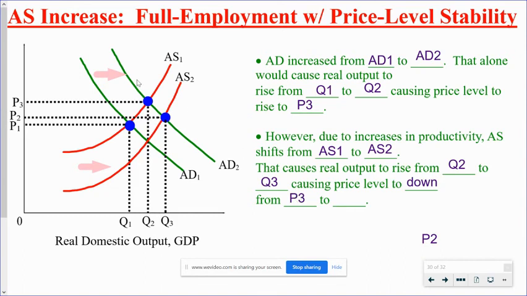Why were we at P sub 3? That was due to the shift in aggregate demand. Why is the price level moving downward? Because there's been a shift in aggregate supply, but it's been an increase.